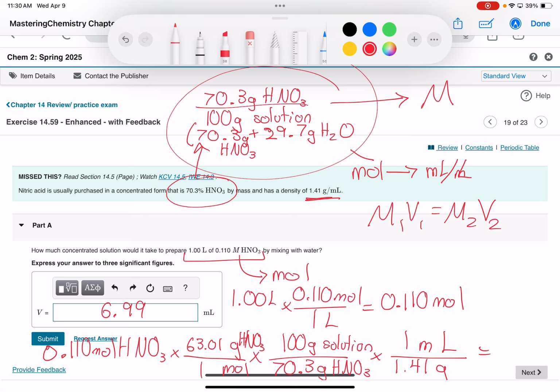And that's like a third way that you could do it. The second way too was like converting to molarity and using the dilution equation. So honestly, any of those are fine as long as you are canceling out your units and getting to the correct thing.